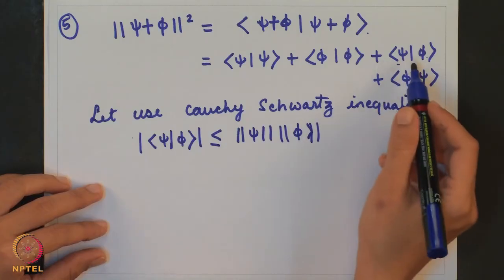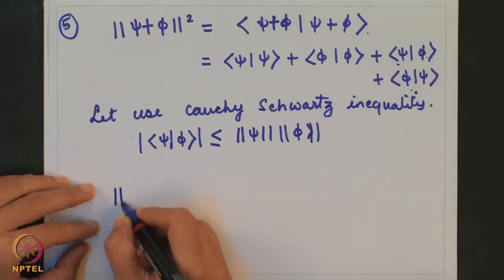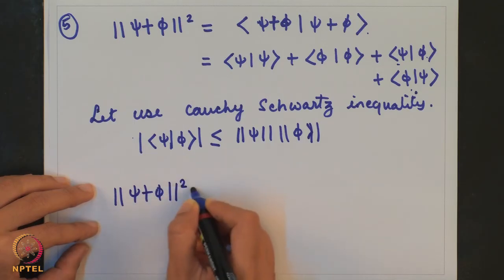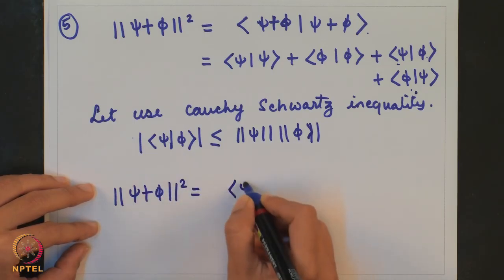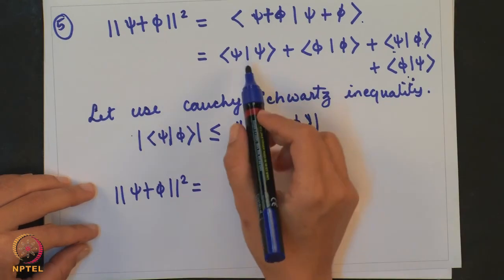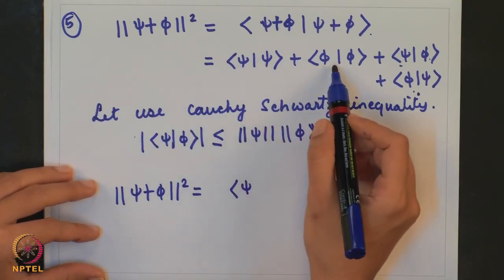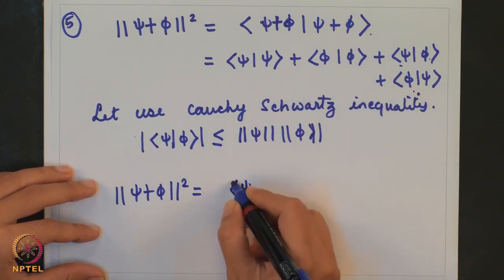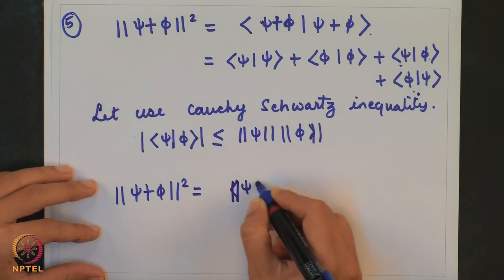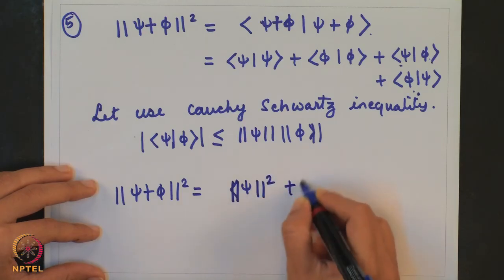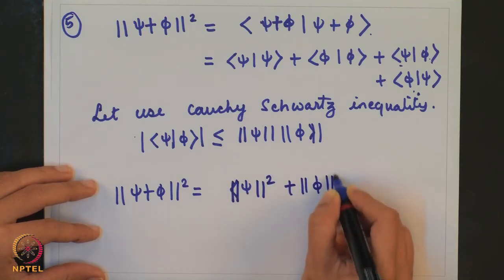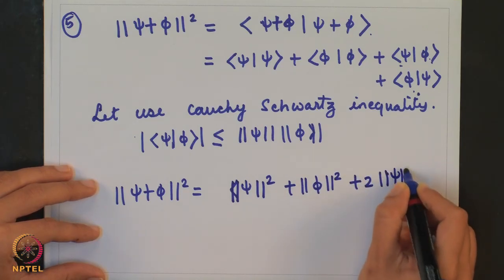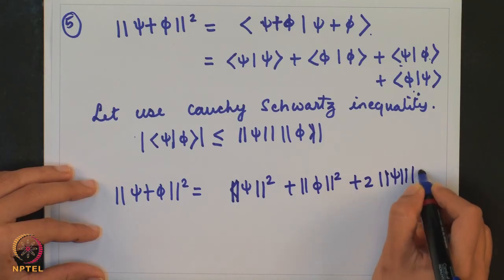So, using that we can rewrite this as psi square plus phi square plus 2 psi times phi.